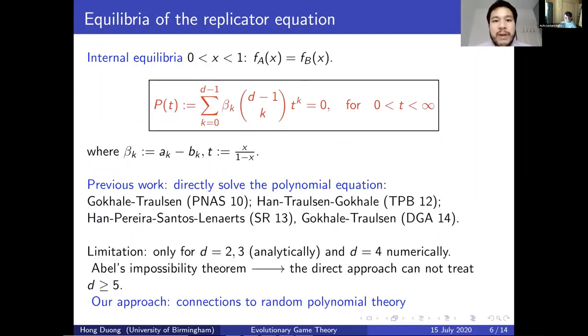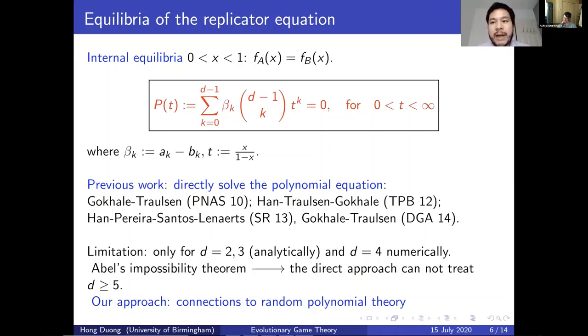We consider first the case of the replicator equation, that is when there is no mutation. In this case, x equal to 0 and 1 are two equilibrium points. We are interested in a non-trivial equilibrium point between 0 and 1.